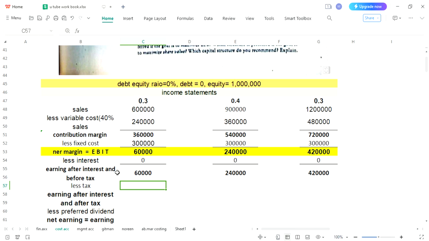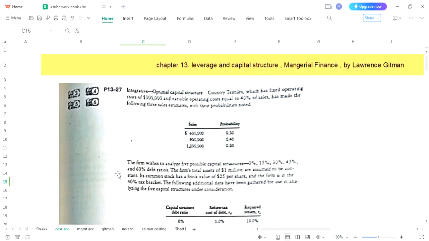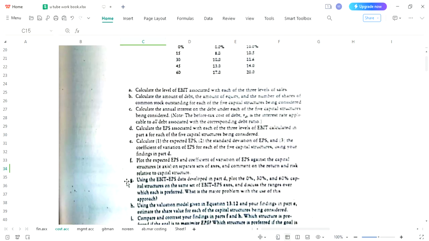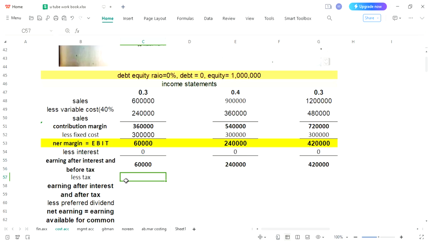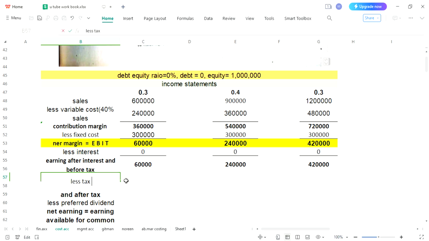For that, let's go back and see. This is 40% tax bracket. Please note it down. 40% tax bracket we are up to. So here you will calculate your tax. To calculate tax, you need your income before tax. 40% rate we are mentioning over here.